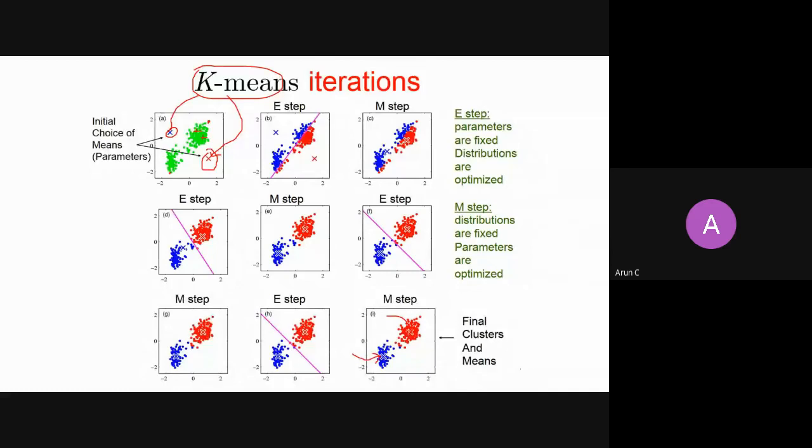So the other observation is that you may not end up with the same clusters every time. This happens because of local minima, and I will try to show you where that minima comes into the picture, because we are maximizing the likelihood.